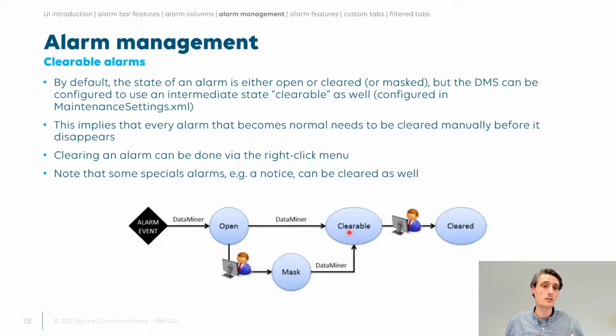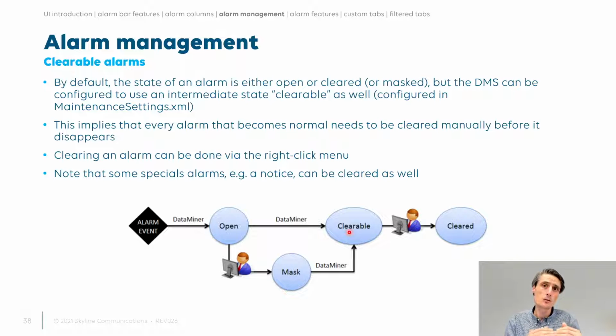So whenever, for instance, my critical alarm popped up on my audio gain, it's critical. If I fixed the problem on the element, it would go back to normal. Normally the green alarm automatically disappears from my UI.